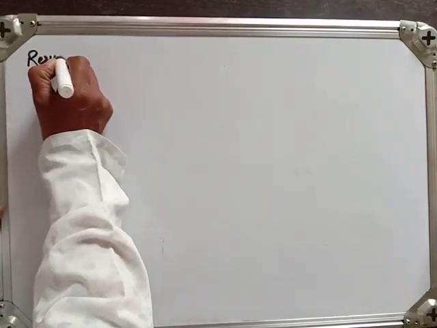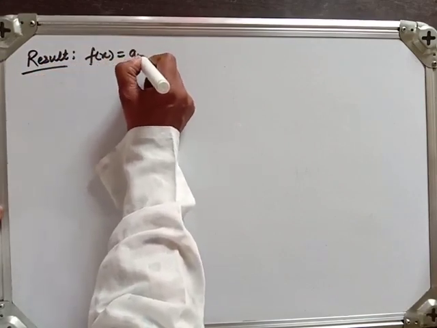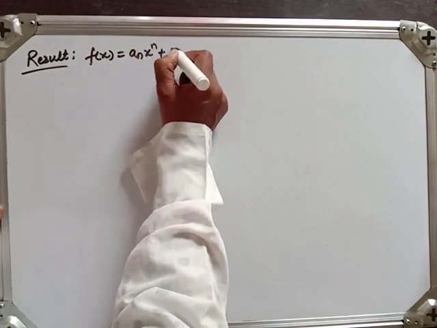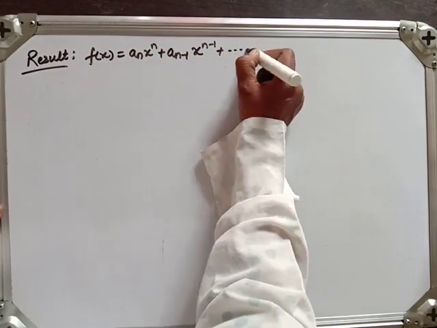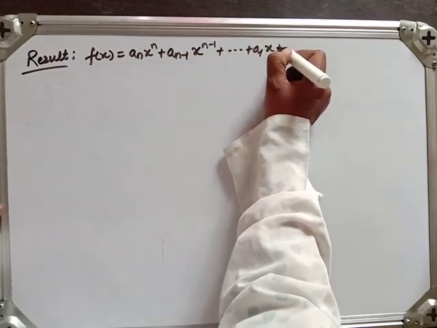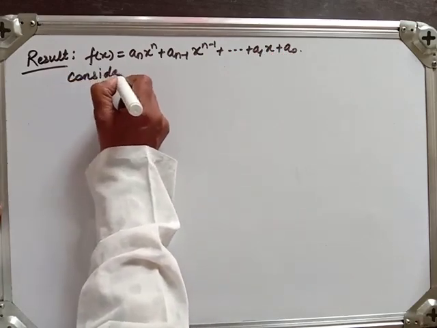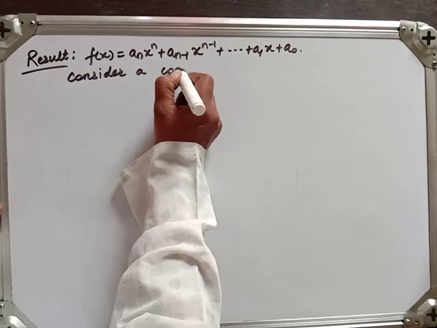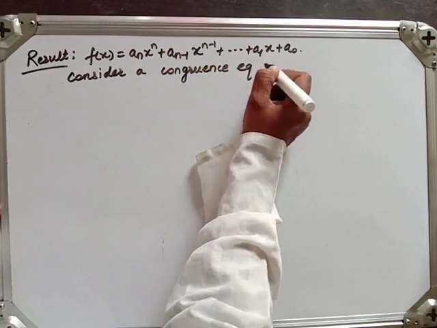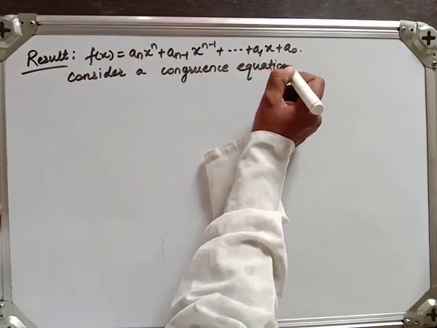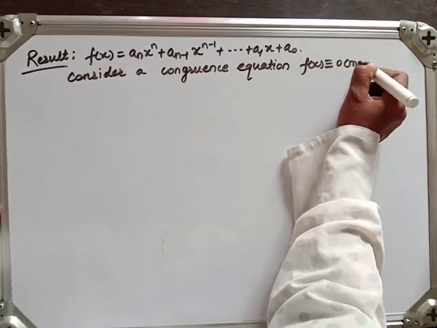Result: f of x is equal to a_n x raised to n plus a_(n minus 1) x raised to n minus 1 plus so on up to a_1 x plus a_0. Consider a congruence equation f of x congruent to 0 modulo m.